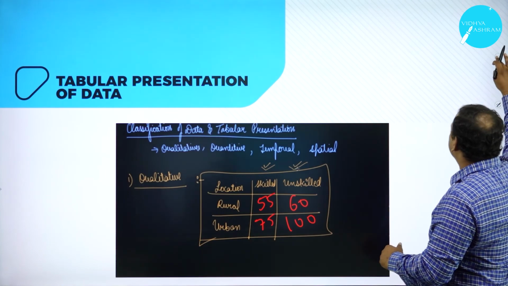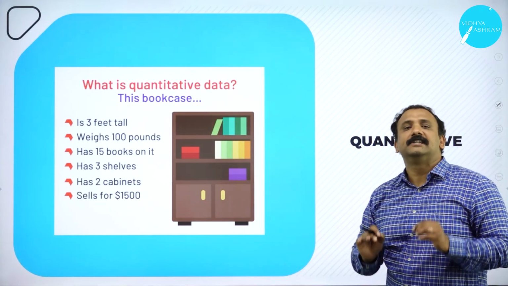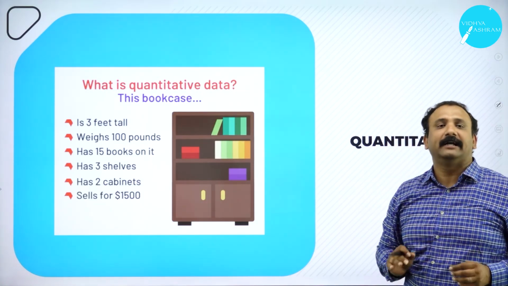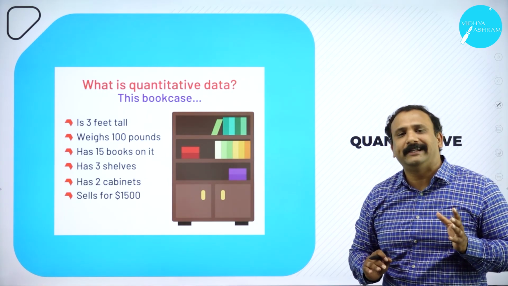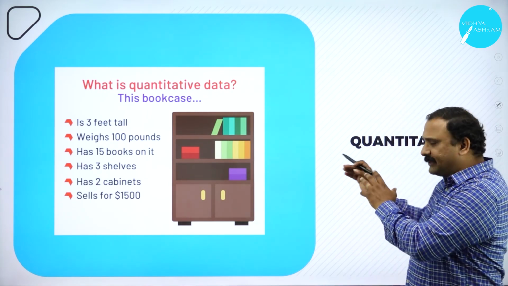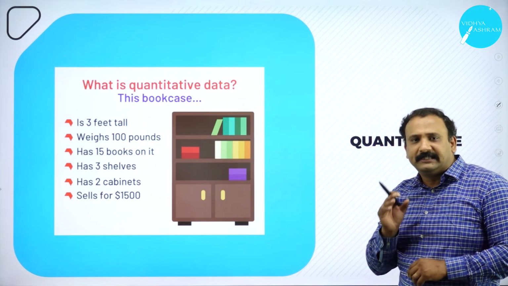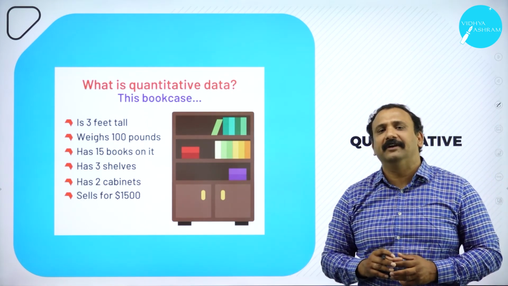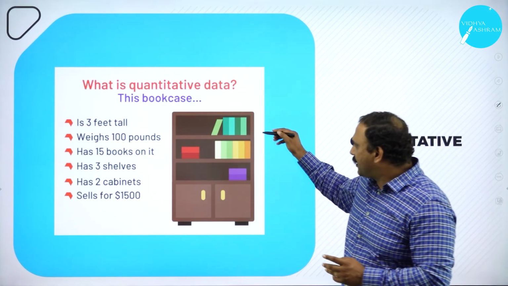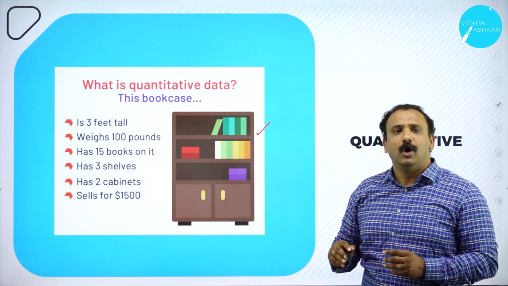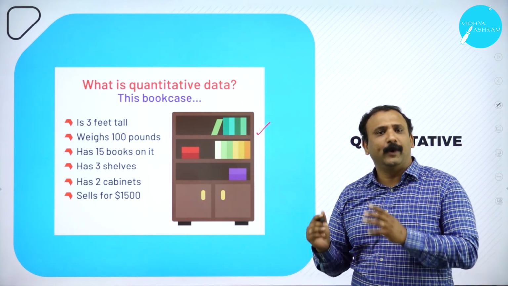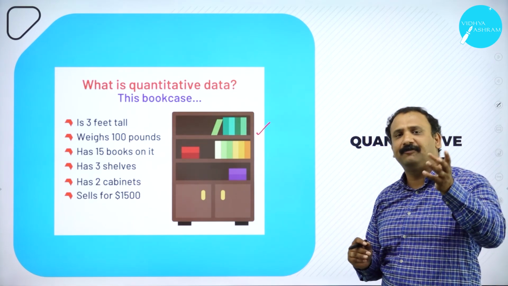Now moving forward, what is quantitative data? What do you mean by the word quantitative itself? Look at the diagram one more time, because this is going to be interesting. This is a shelf, a bookcase, which is about 3 feet tall. It weighs about 100 pounds. It can hold 15 books.